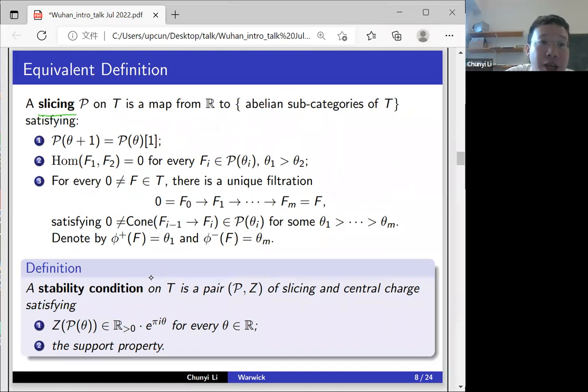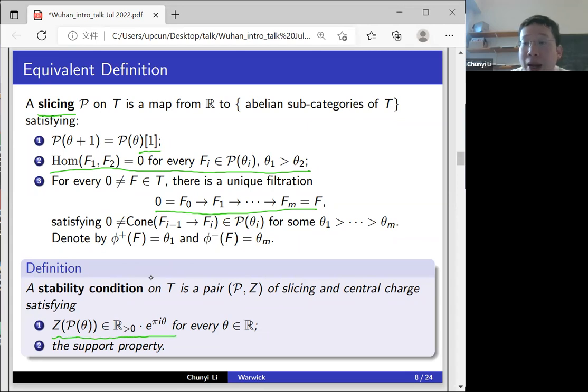So you can replace the HN filtration and Hart structure together with this concept of slicing, which I explained. There's no morphism from objects with larger slope to smaller slope, and everything can be built up by these objects. It also has to be compatible with the original homological shift, like the Hart structure, and with the central charge, which is right there.